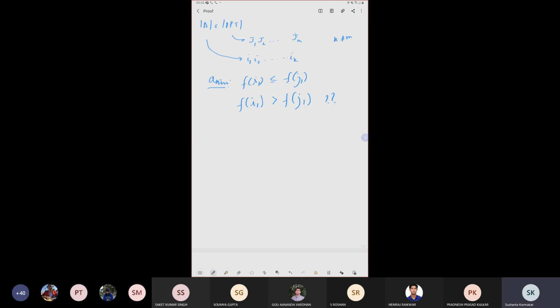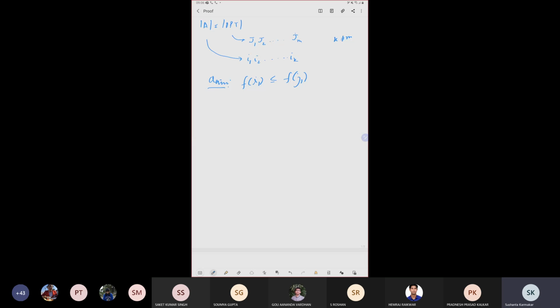Correct. So that's why we say that this cannot happen. So this is the claim that f of I1 is always less or equal to f of J1, that means the finish time of I1 must be smaller than or equal to that of J1. Now this thing we want to show in general.